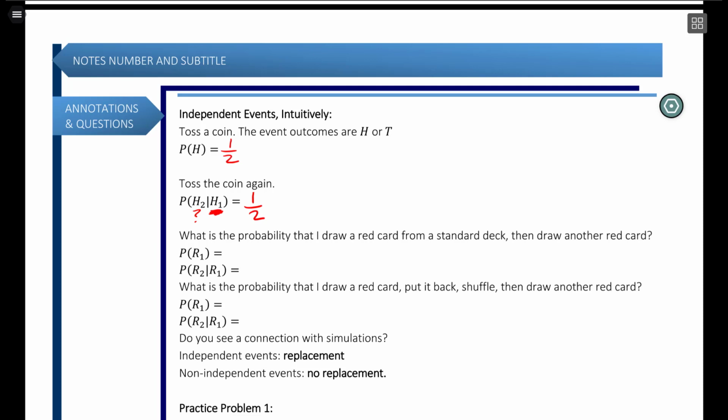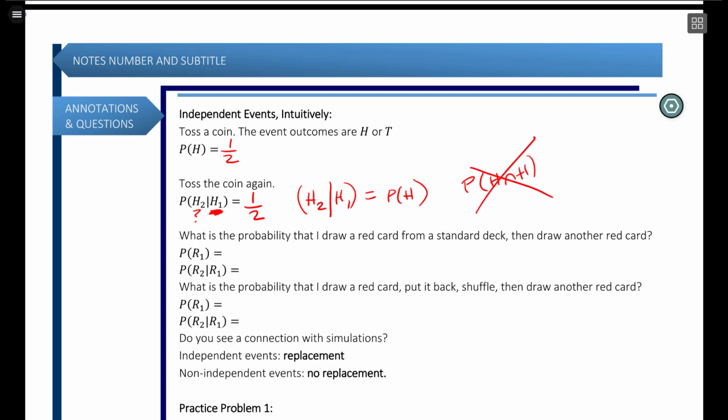So the probability of getting a head on the second toss, assuming we got a head on the first toss, is exactly the same as the probability of just getting a head no matter what, whether it was 1, 2, 3, 4, 5, 6, 7, or 8 tosses. Notice this is not the same thing as the probability of getting 2 heads in a row.